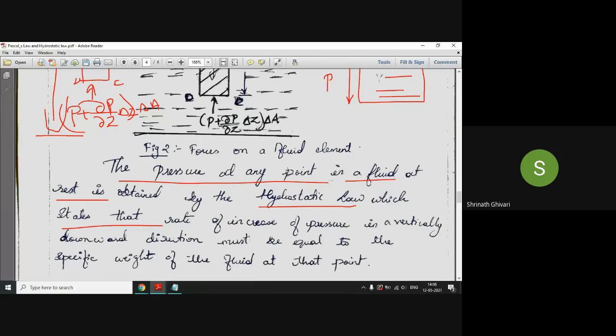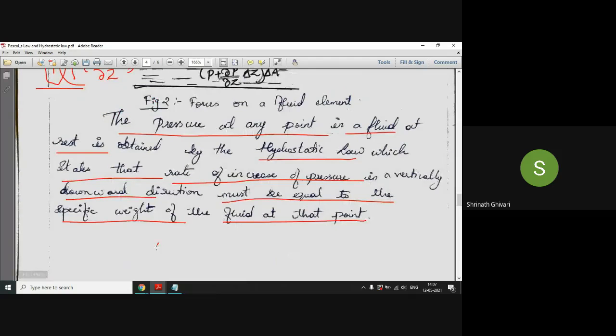It states that the rate of increase of pressure in a vertically downward direction must be equal to the specific weight of the fluid at that point. So that's why we got the equation dou P by dou Z equal to rho into g.